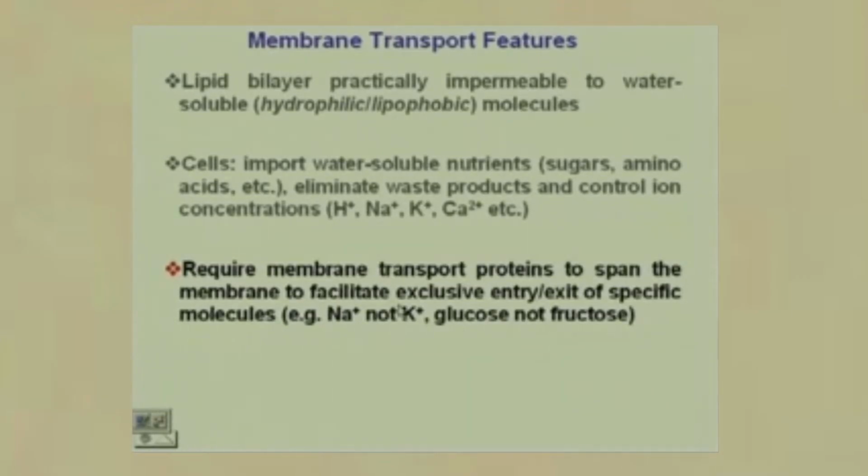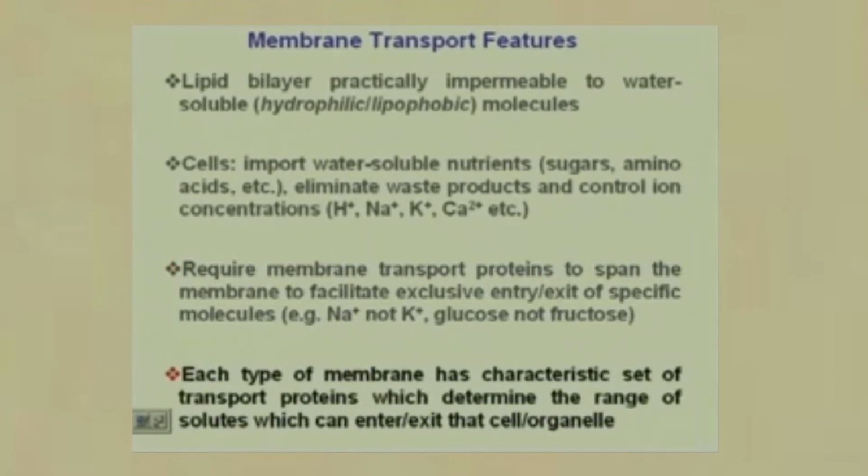For the specific action of the cells, there are these specific transport proteins, and because each of them has a specific molecule that it is going to bind and transport, each membrane transport activity is unique. Each type of membrane therefore has a characteristic set of transport proteins which will determine what is going to enter the cell.